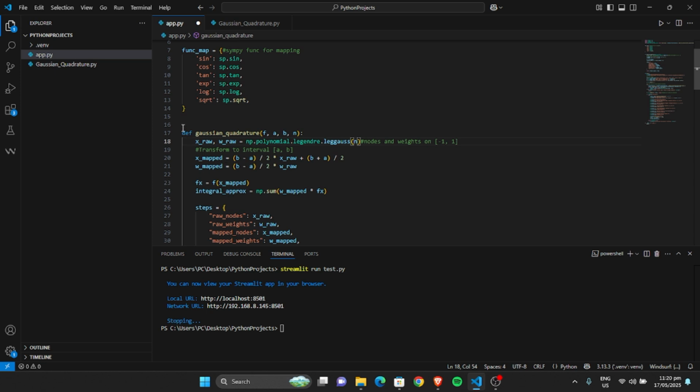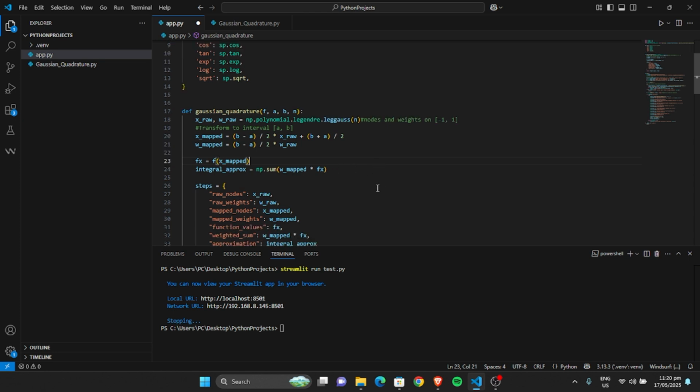And in this block of code, we also have a Gaussian quadrature, which is the one necessary for calculating the Gaussian quadrature. We have here the nodes and weights for negative 1 and 1. And also we have these two for transformation of the interval a and b, which depends on the user.